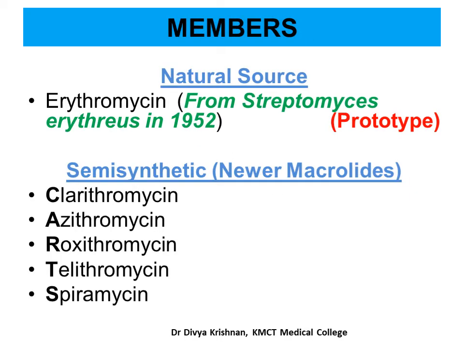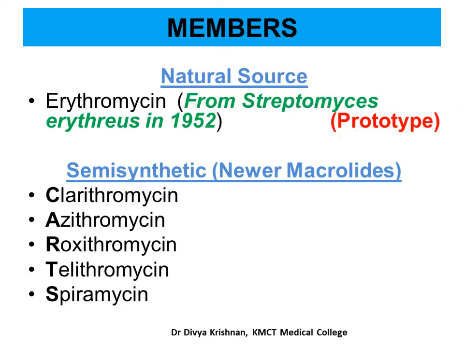Let us look at the different examples included under this group. The first example is erythromycin, and this was the first drug discovered under this class from a natural source, a bacteria called Streptomyces erythraeus in 1952. This drug is also the prototype drug of this class.